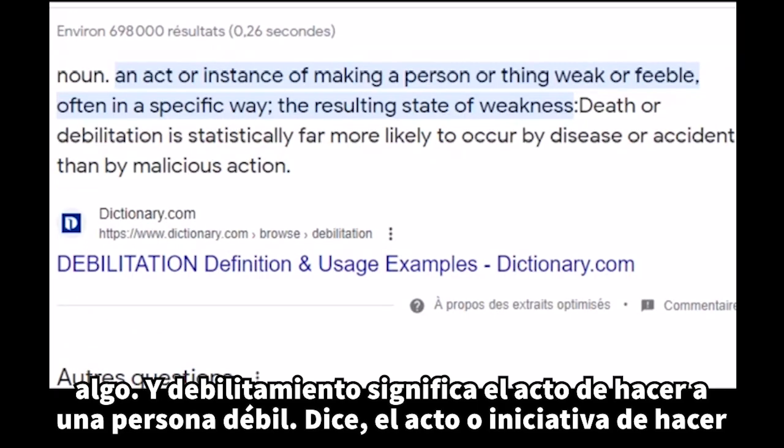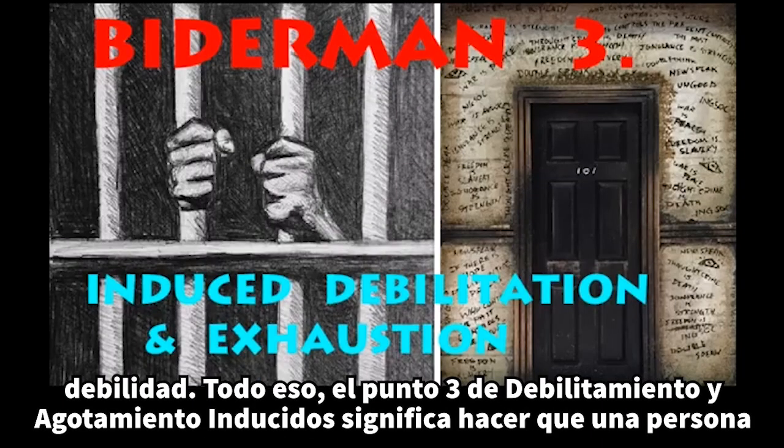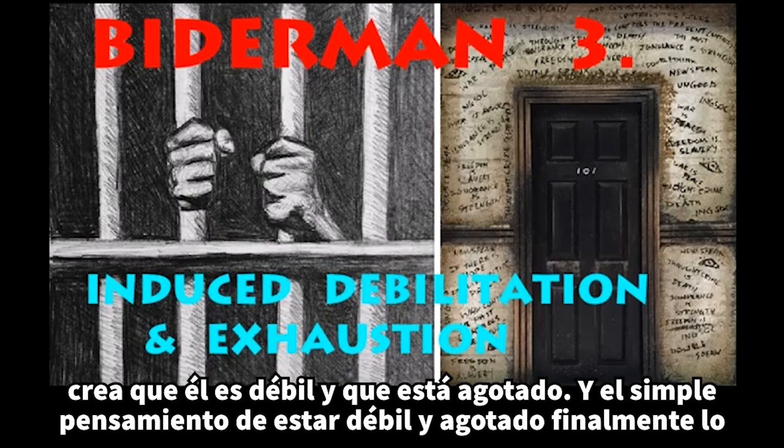And debilitation means the act of making a person weak. It says, an act or instance of making a person or thing weak or feeble, often in a specific way, the resulting state of weakness. So altogether, point 3 of induced debilitation and exhaustion means to make a person believe that he is weak and exhausted.